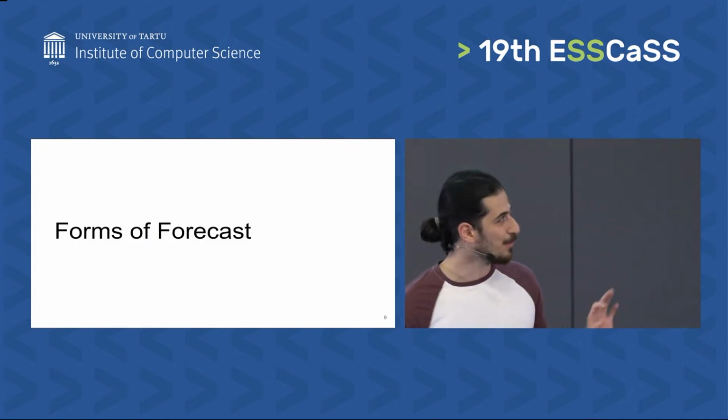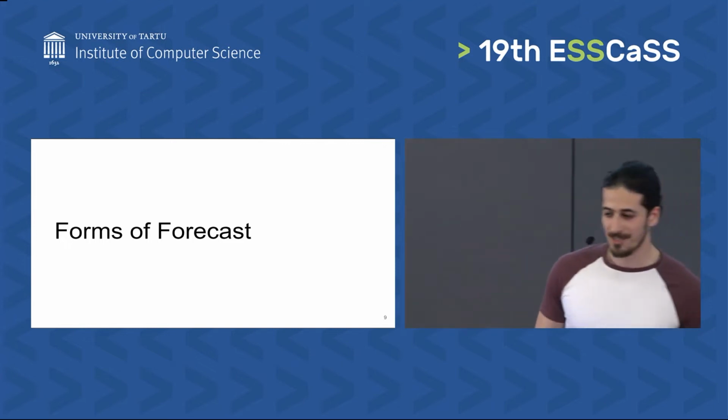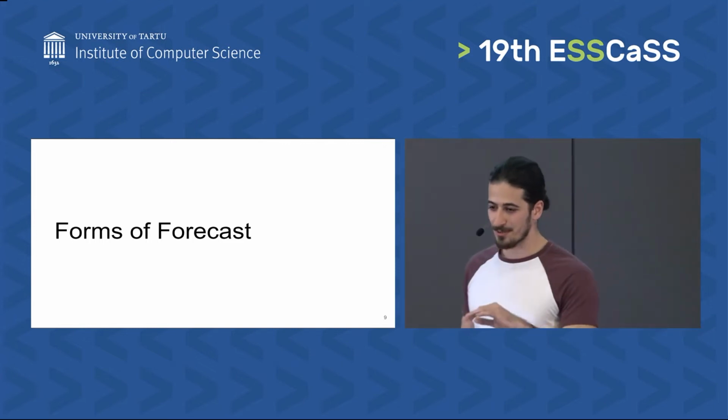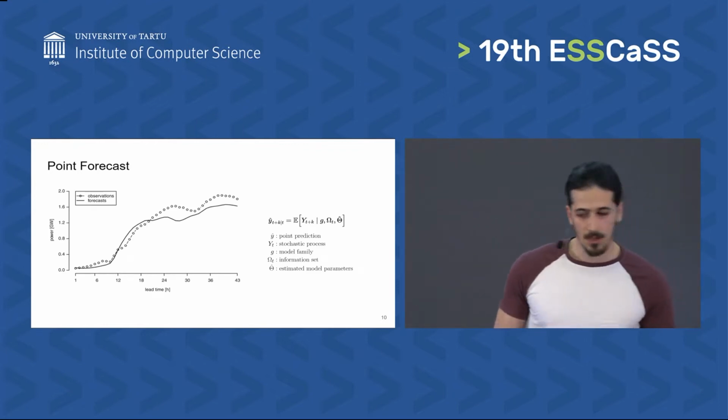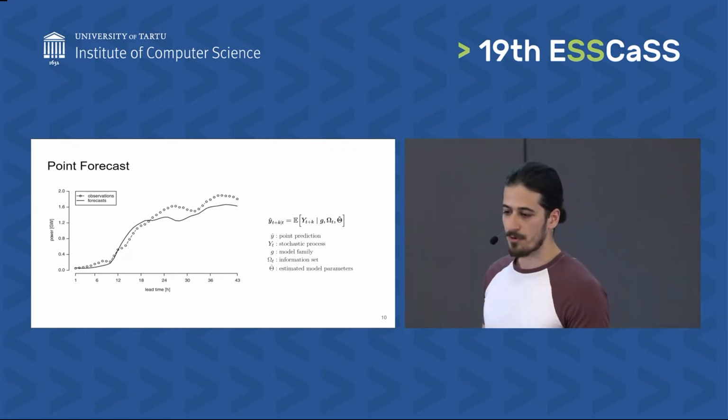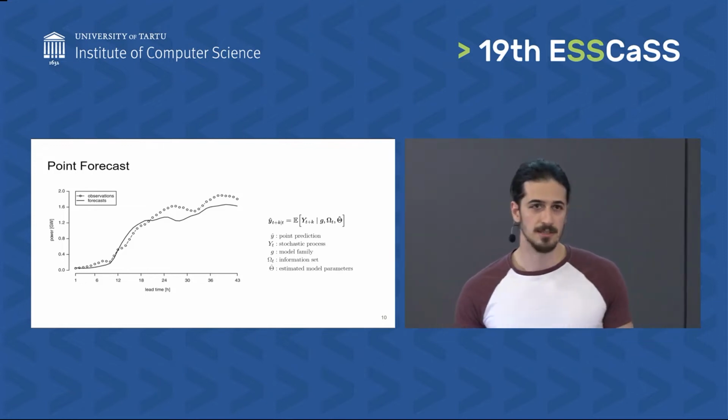Now, I briefly look at different forms of forecast because it's essential to the gist of the talk. We have the point forecast, which is the most common form of forecast. It's a mean prediction.